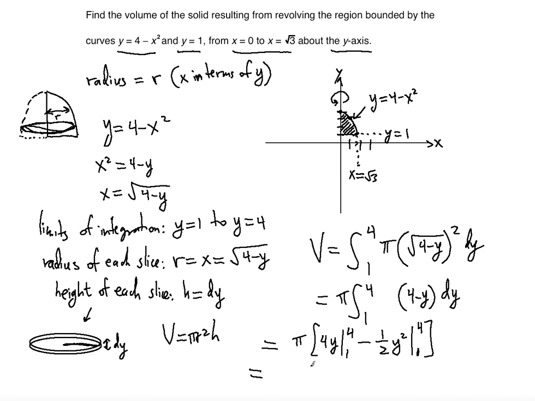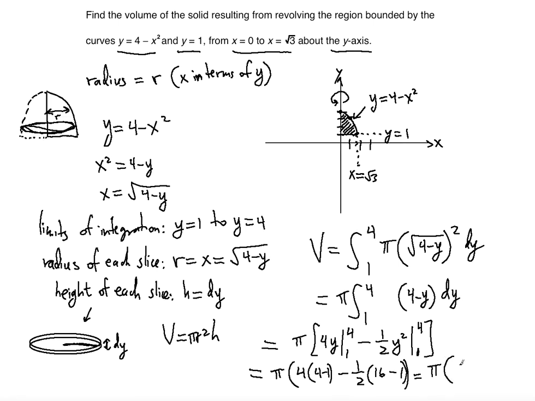That gives us pi multiplied by 4 times 4 minus 1, minus 1/2 times 4 squared, which is 16, minus 1 squared, which is 1.